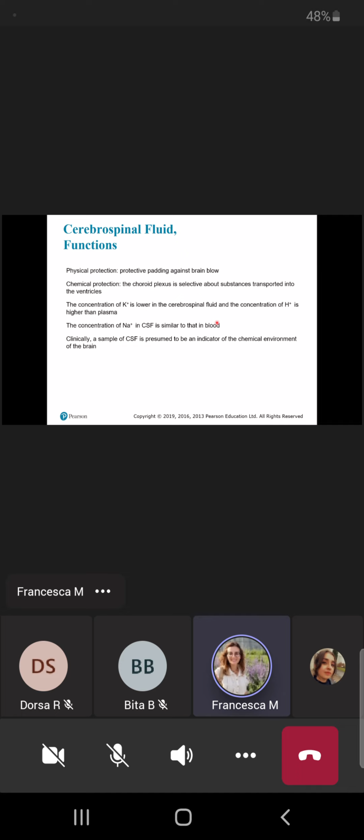The sodium concentration is similar to what we have in the blood. The only difference is related to potassium, that is a little bit lower in the cerebrospinal fluid, and hydrogen ions, that are higher. But more or less, the composition is the same. As we said, it is important because it represents the chemical environment in the brain.